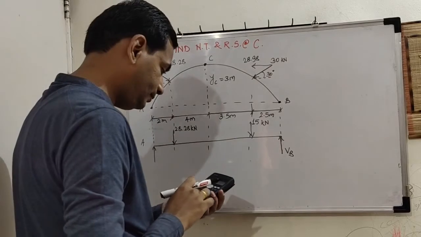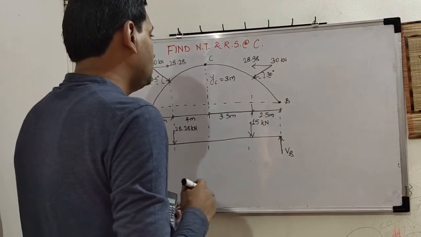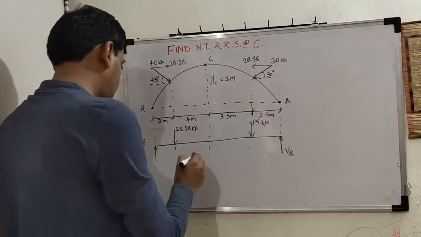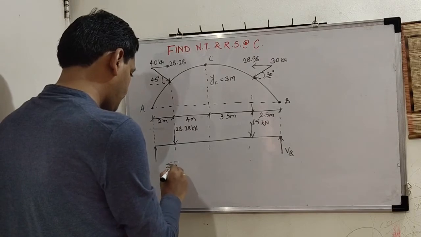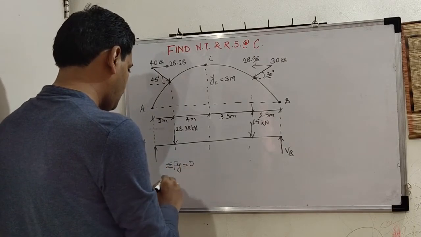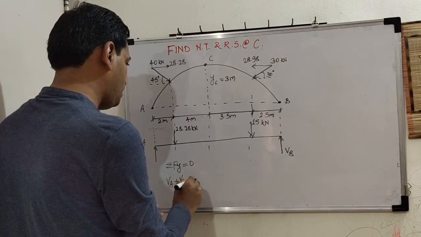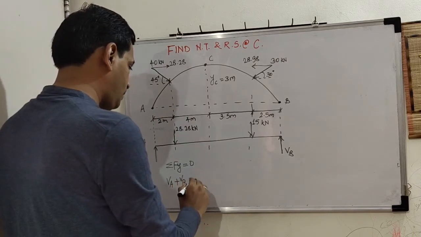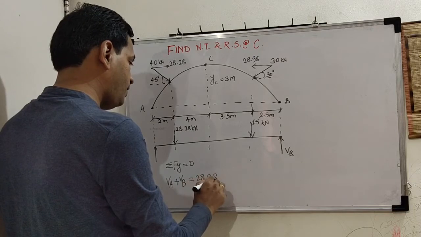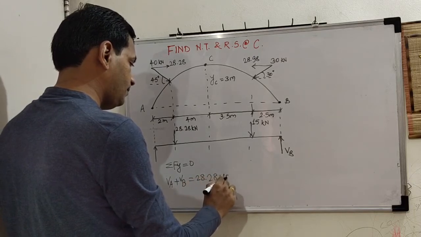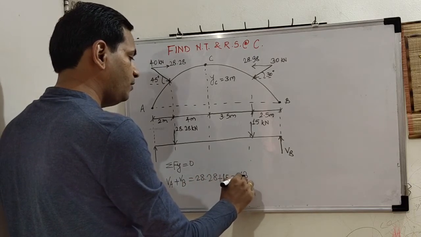Okay, so summation Fy, so VA plus VB is equal to 28.28 plus 15, so it is 43.28 kilonewton.